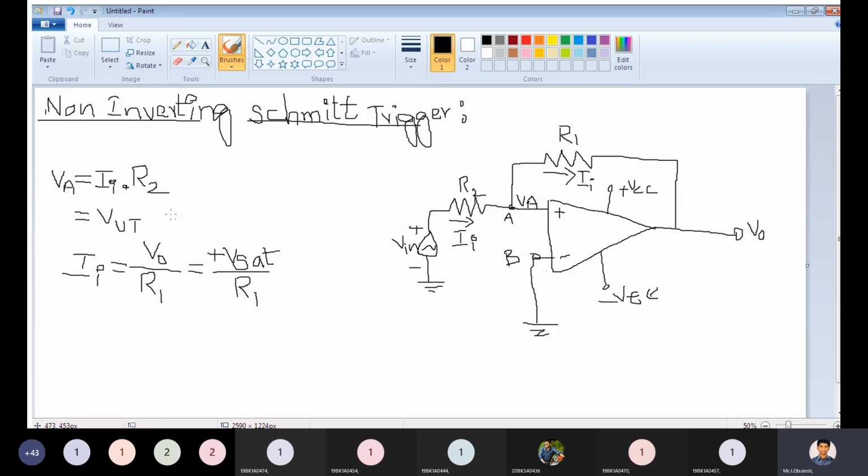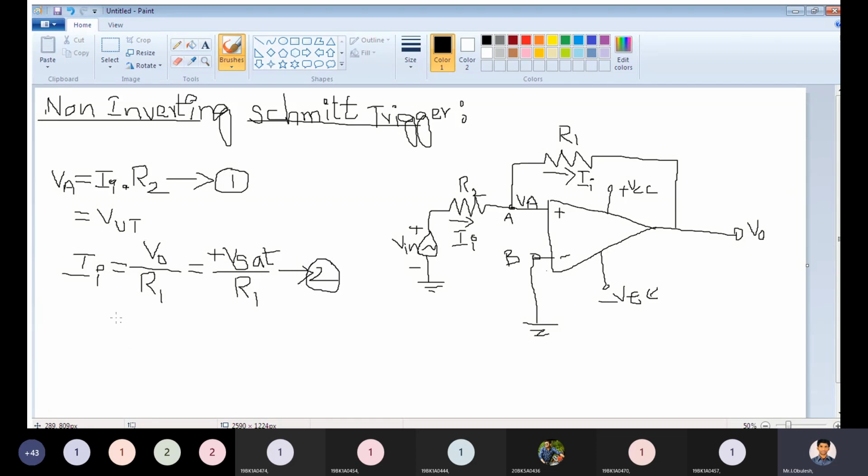You know that VUT is equal to Ii into R2. This is equation number 1. Substitute equation number 1 in equation number 2.